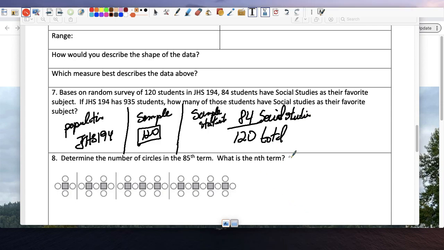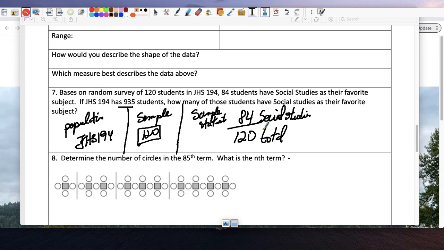Now how can I use this to see what I can expect if I had to ask 935 students, based on the sample that I took? Assuming that the sample fairly represents the population, I should get the same result. 84 divided by 120 just happens to be 70%.